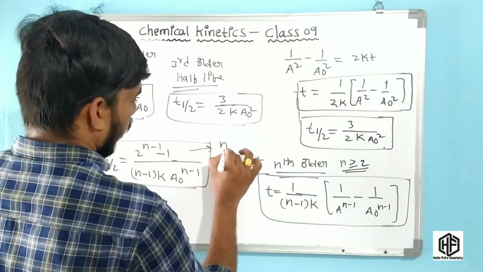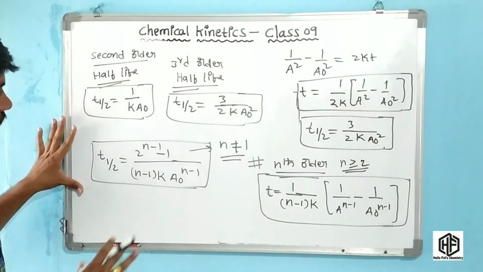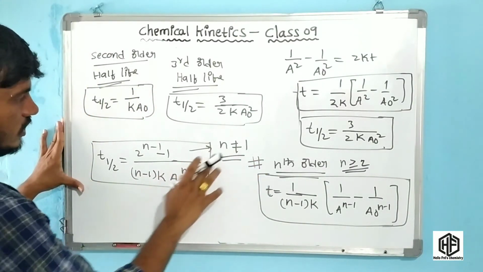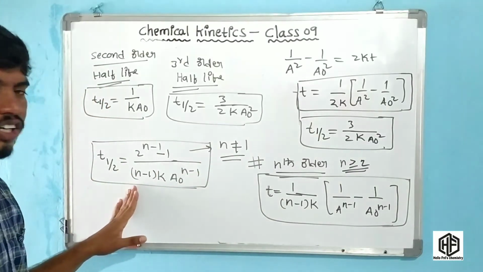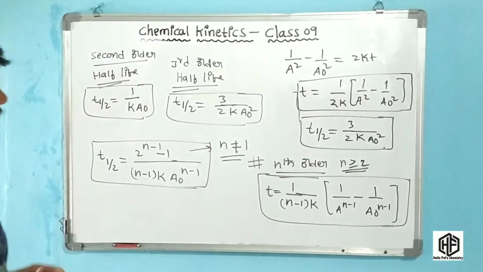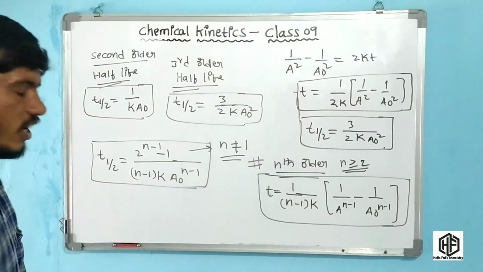This expression is valid for n not equal to 1, meaning it is not valid for first order. It is valid for any order, but not for the first order.